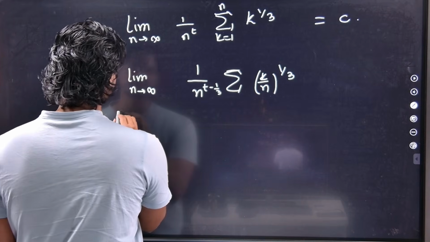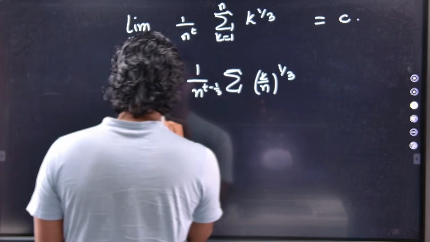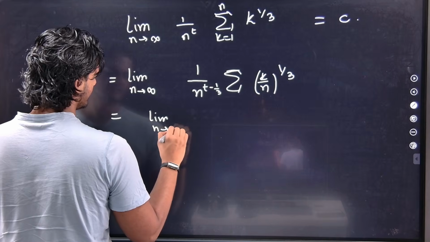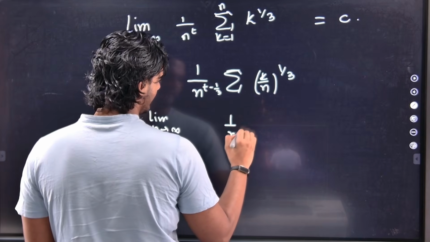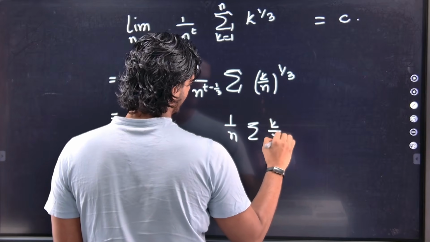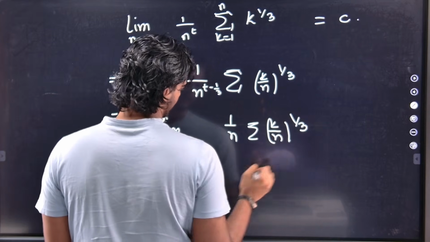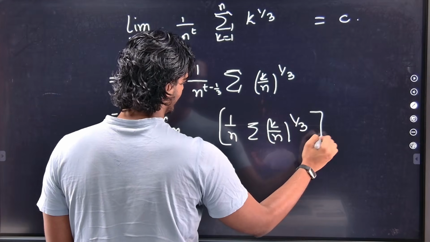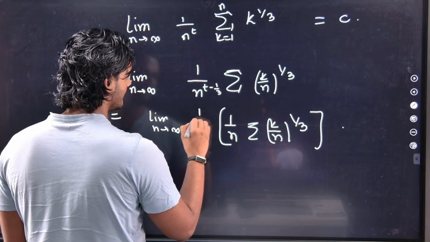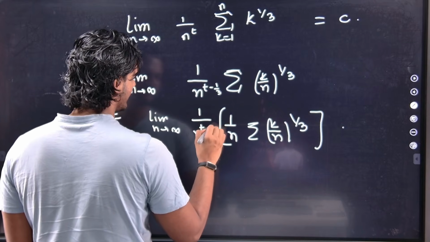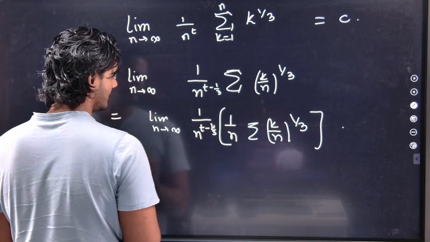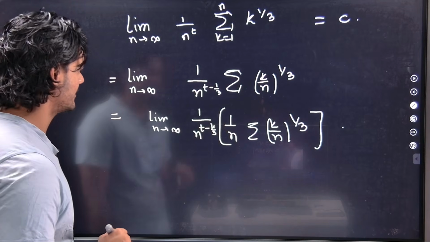So I can write this again as limit n tends to infinity, 1 by n summation k by n whole power 1 by 3, and this whole thing we know. We will have n power t minus 1 by 3 minus 1, so 4 by 3.